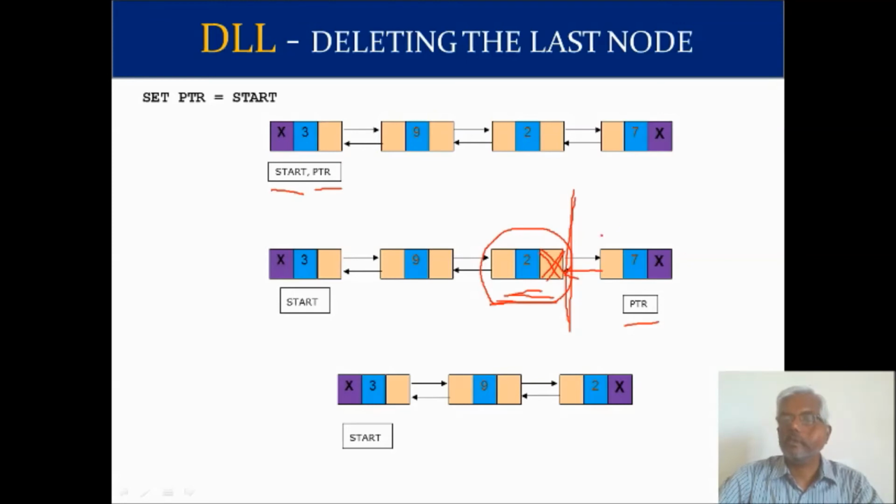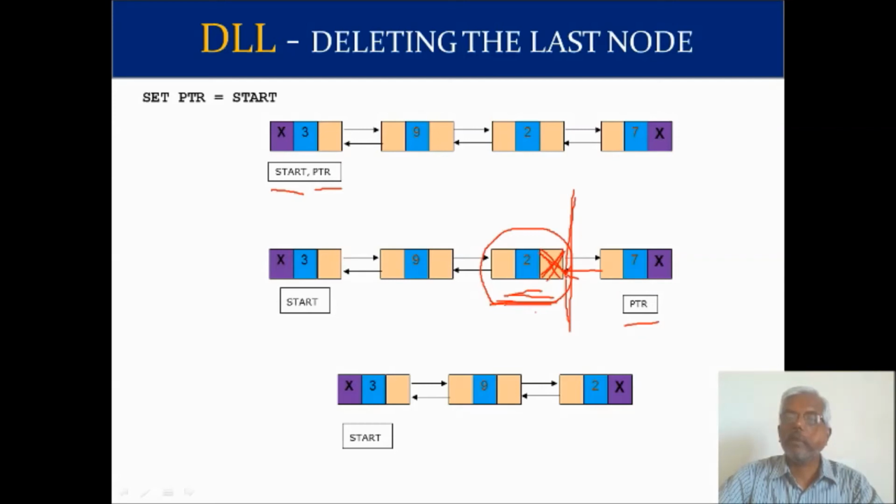So if this is ptr, automatically what is the name for this node? ptr's previous. If this node is ptr's previous, then what is this? This node's next. So ptr's previous's next is this part.